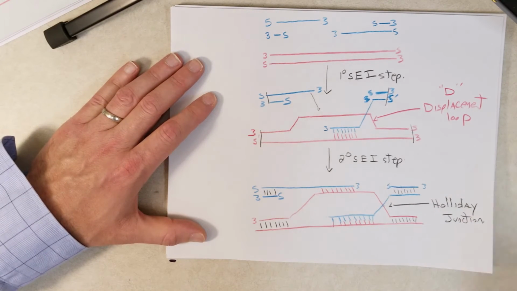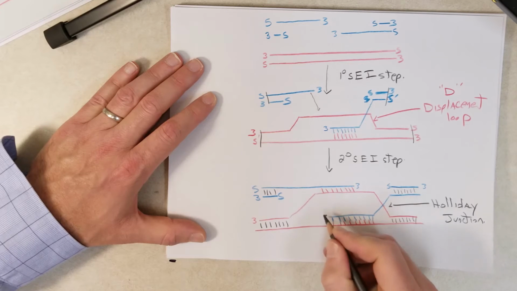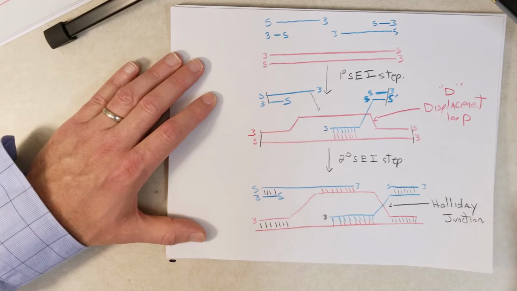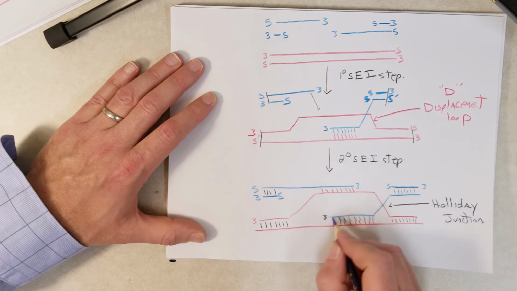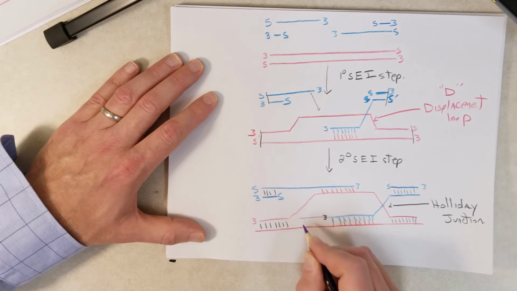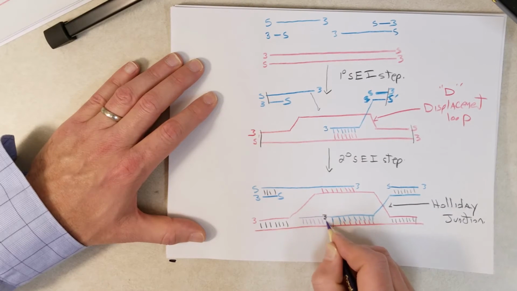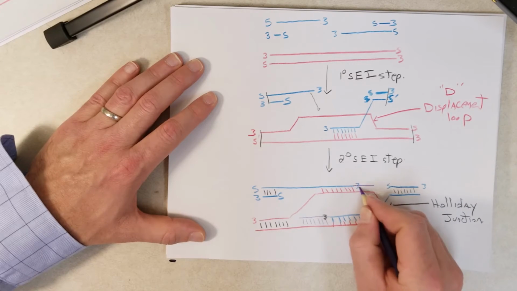Remember, DNA polymerases need a 3' OH group, so we have to find the 3' ends. These polymerases are going to use the donor chromosome as the template. So we're making new DNA there, making some here.